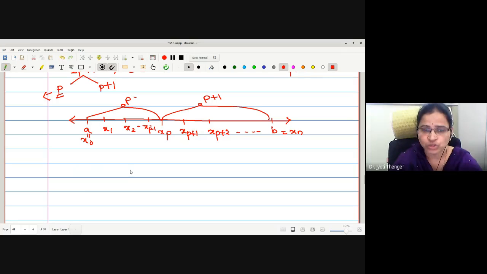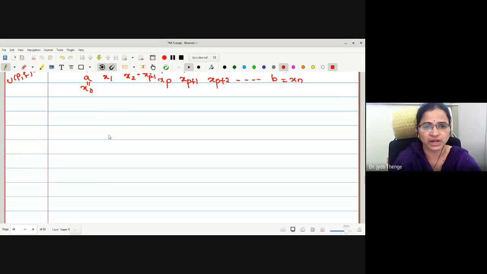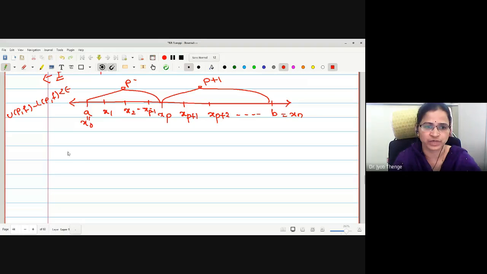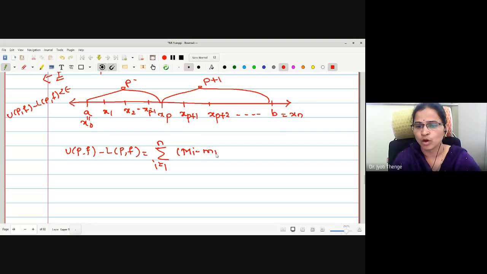In order to show the function is integrable, what is the aim? To show the condition of integrability, that is UPF minus LPF is less than epsilon. Therefore, let me write what is UPF minus LPF. This is not the way of proof we write in the exam; this is just for the sake of your understanding. This is summation i equals 1 to n, capital Mi minus small mi into delta xi.